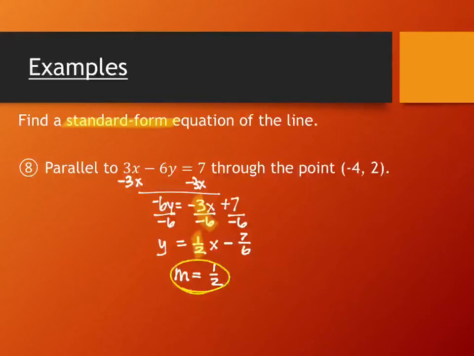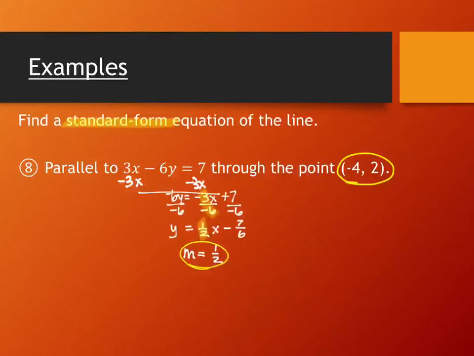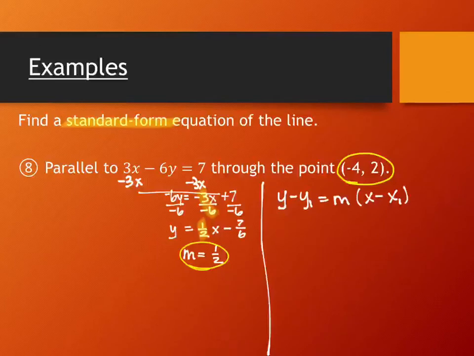And because I'm creating a parallel line, I want to use that slope. And I want to use the other point that I'm given. At that point, I'm going to use y minus y1 equals m times x minus x1, just like before.